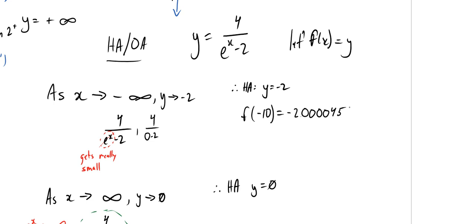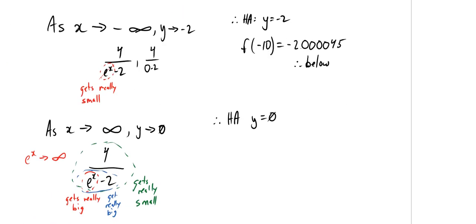Approaching from below, because it's just a little bit more negative, just a little bit below. And when we're curve sketching, that's what's important. Again, I can scroll into my equation here, delete the negative, and check positive 10, and I get approximately 0.00018.